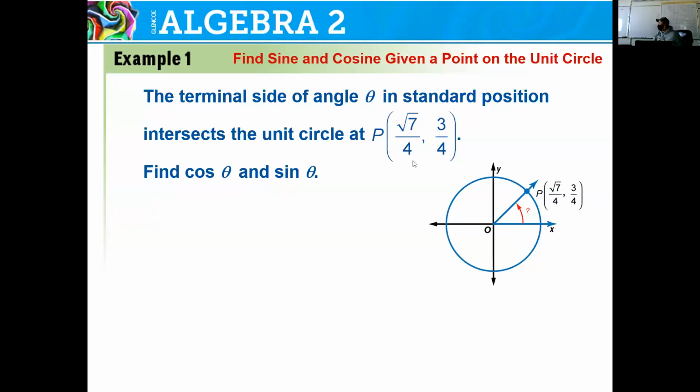Since it intersects at this point, the x value is square root of 7 over 4, and the y value is 3/4. Our r value is 1. Remember, that's key.